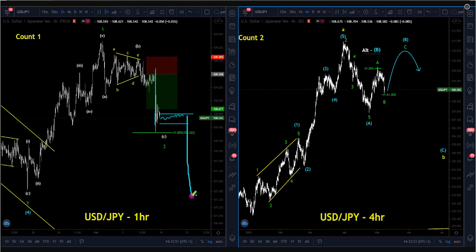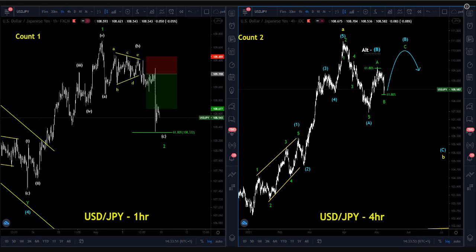So we might come down. Once we break the low of this particular count, then we are anticipating that price should come this way before we go up.